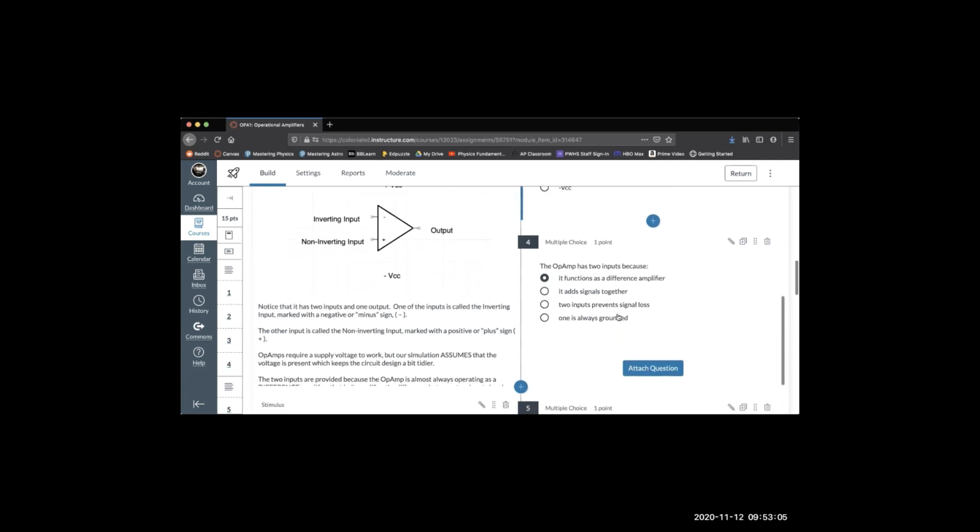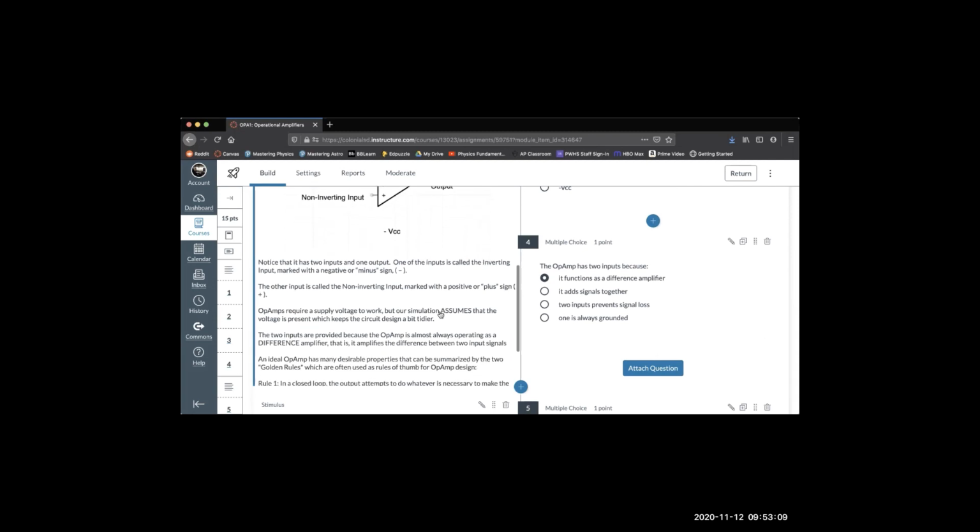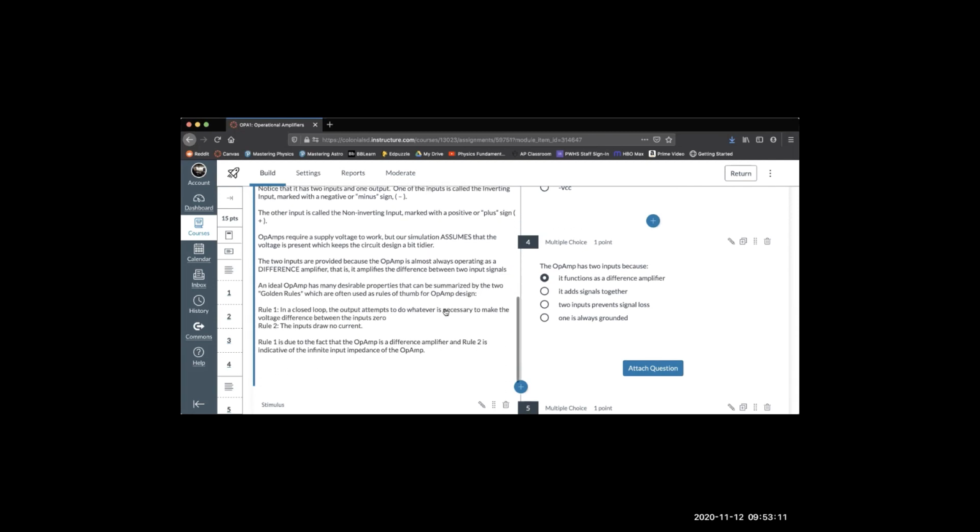The op-amp has 2 inputs because it functions as a difference amplifier. The 2 inputs are provided because the op-amp is almost always operating as a difference amplifier. Now, a difference amplifier is a thing that I built with transistors. We built a transistor circuit that was a difference amplifier.